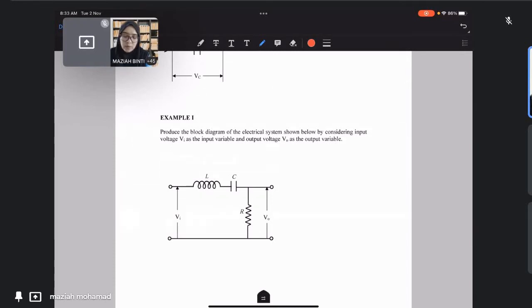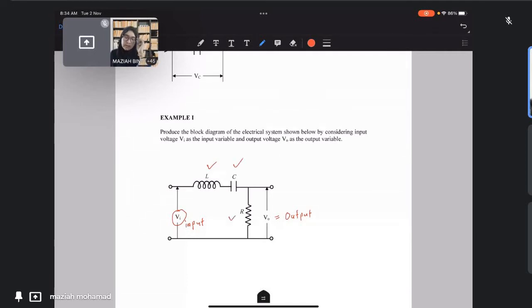So for this example number 1, we have VI as the input, and V naught here is the output. Here we have inductance, capacitance, and resistance.